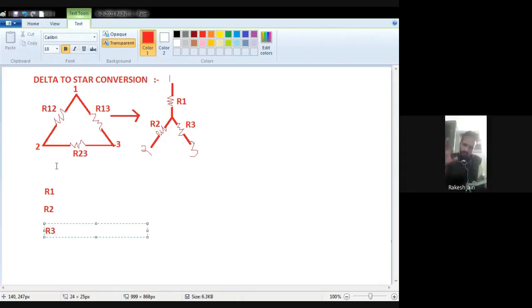Now you have to determine the value of R1, the value of R2, and the value of R3.